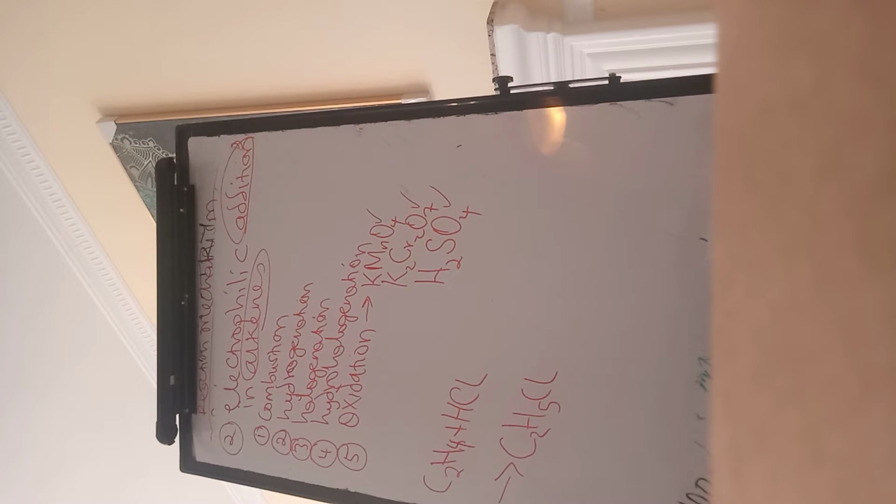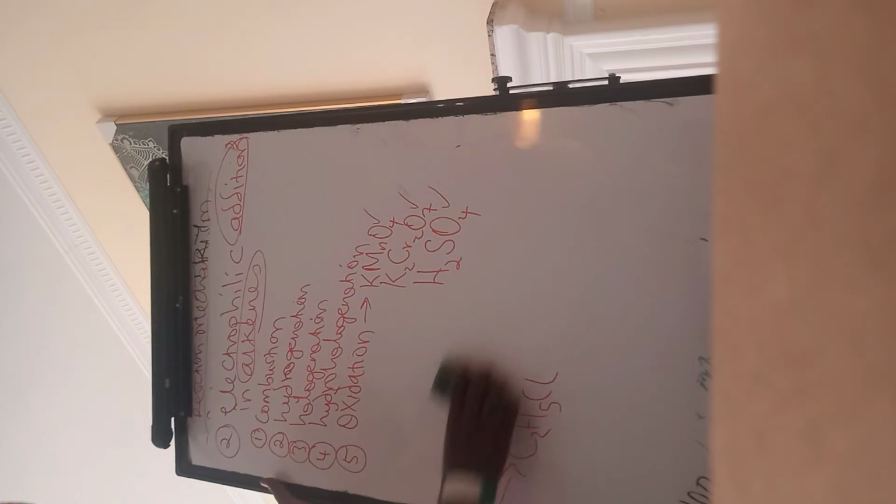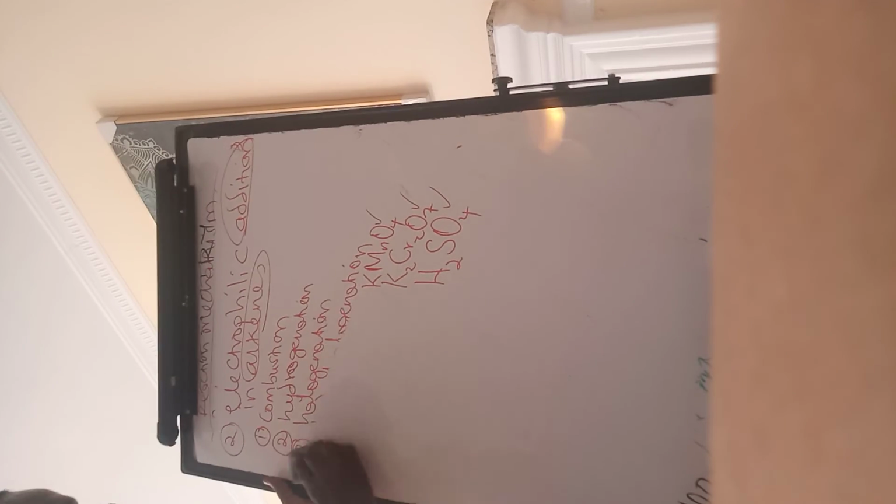So if I have to explain this in detail, we have two cases whereby someone can ask you about this. Let's give this practical example. The example can be CH4 plus Cl2.